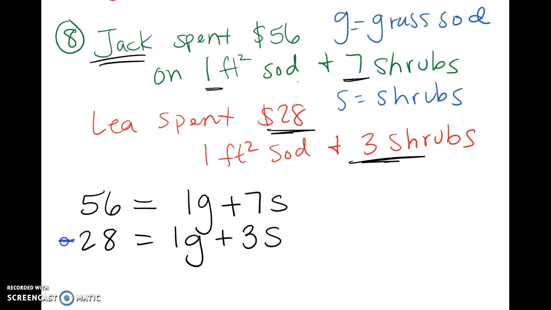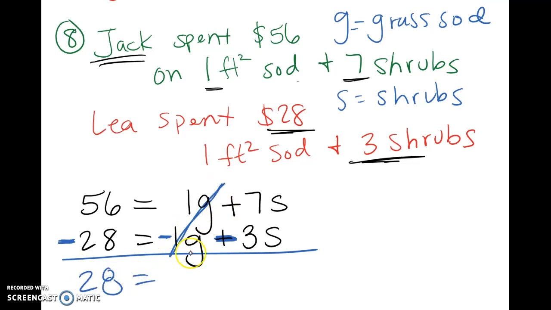Good. So if I multiply by a negative here to this whole equation, and then I add these equations, 56 minus 28, 28. So 28 equals, and then these eliminate because 1G minus 1G is nothing, 0, right? And 7S minus 3S is 4S.